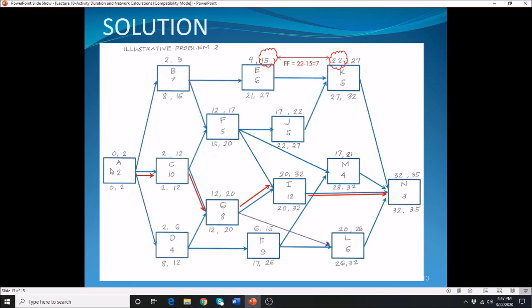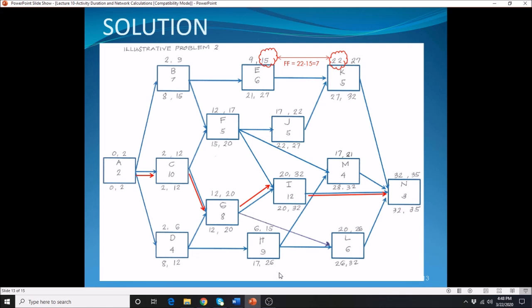Alright, let's move on to the last one now, your A. A is coming from 3 different lines: B, C, and D. We need to choose whichever is the minimum. 8, 2, 8. The minimum here is 2. That's the reason why the late finish of activity A is 2, minus 2 is 0.